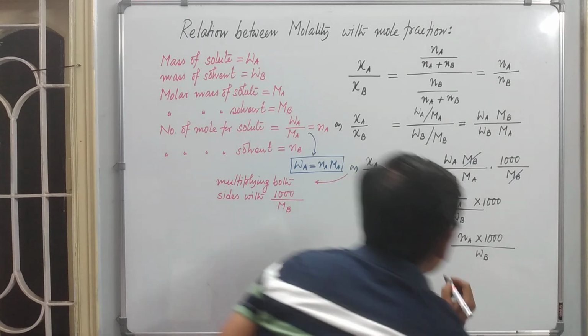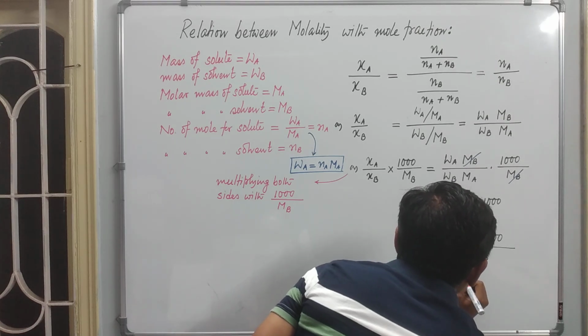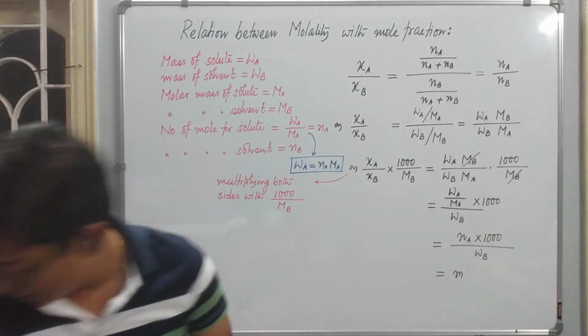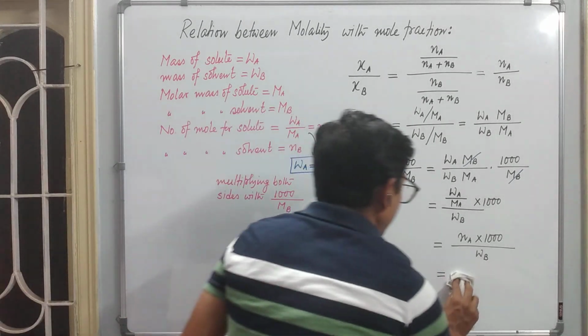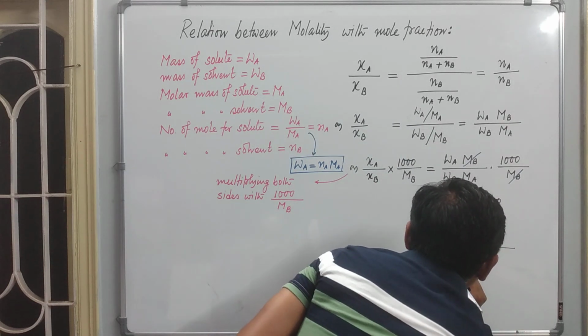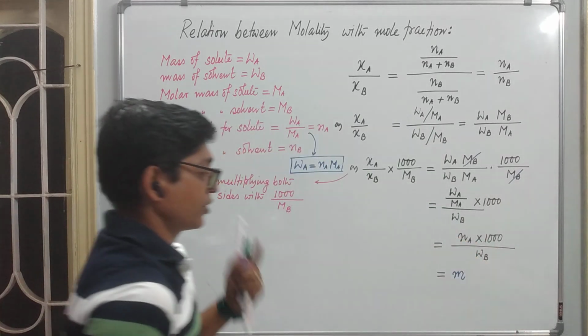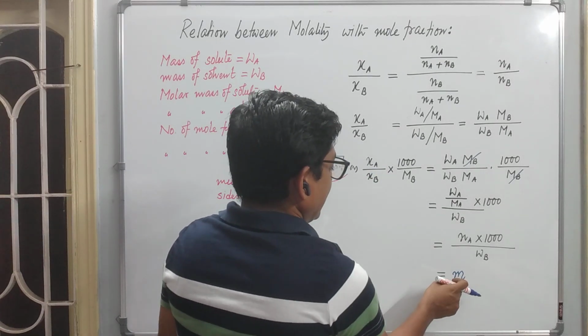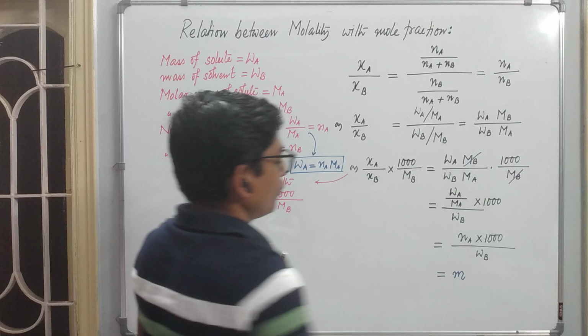This is nothing but molal solution. Okay, so here I am just going to write this molal with another color so that you can identify that this is nothing but the molal concentration. Now you can see molal solution gets connected with the mole fraction.